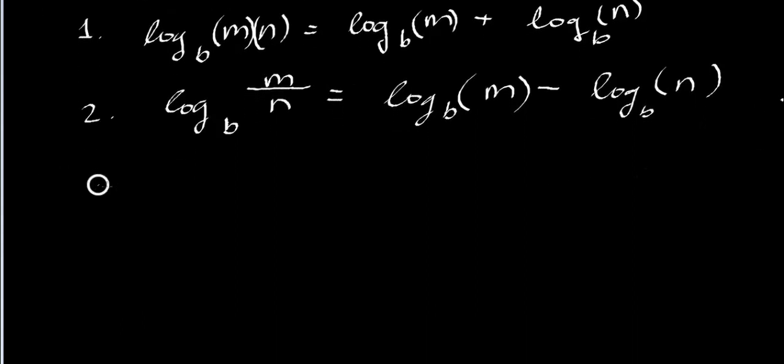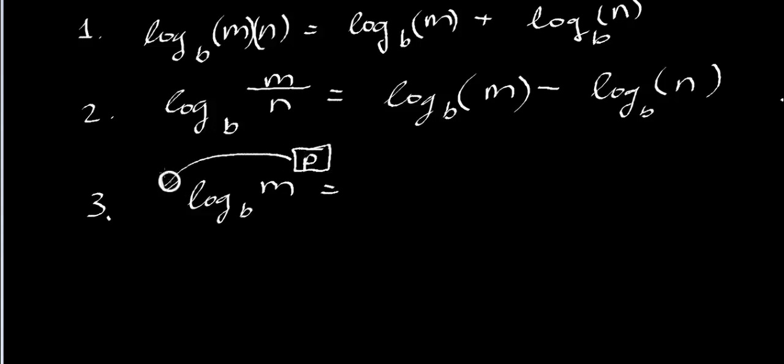And the last rule is this. If you have a log base b, and I'm going to pick one variable from either m or n because I only need one. I'm going to pick an m, raised to a p, an exponent, any number. What the rule requires you to do is to take this p and bring it down in front of the log.